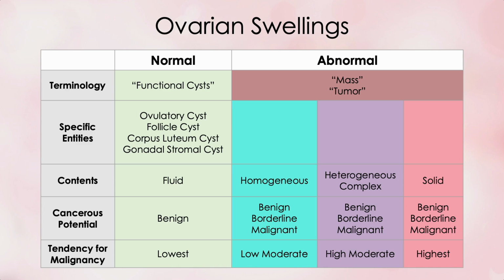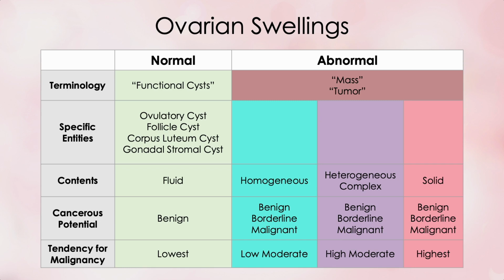There are none listed for the abnormal columns because there are more than you can possibly imagine, and their names would be enough to make you throw tomatoes at the screen. In the fourth row, you see that the four possibilities for the contents of any given ovarian swelling are fluid, homogeneous, heterogeneous, which is also called complex, and solid.